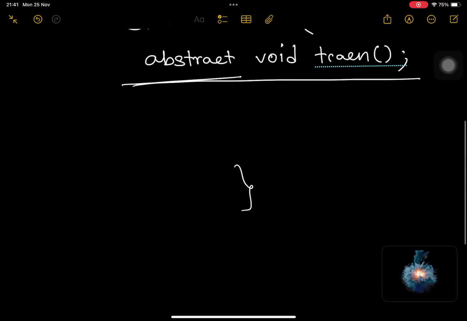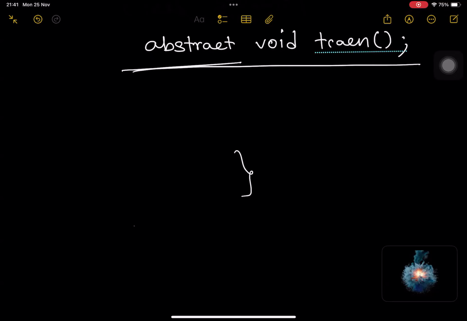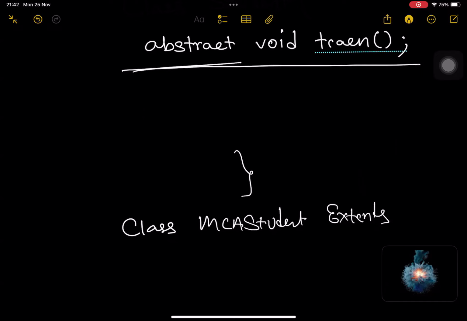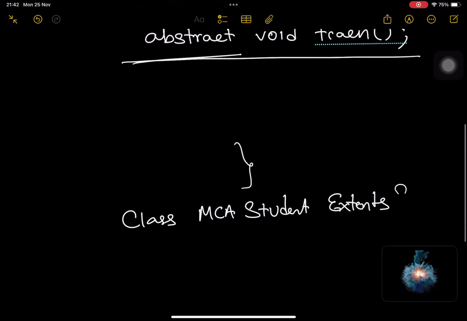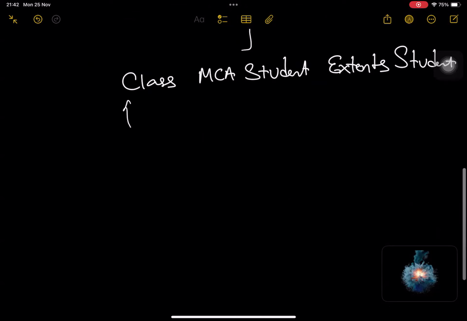Let's assume there is a further class. I have a class called, let's say, MCA student, which extends the student class.